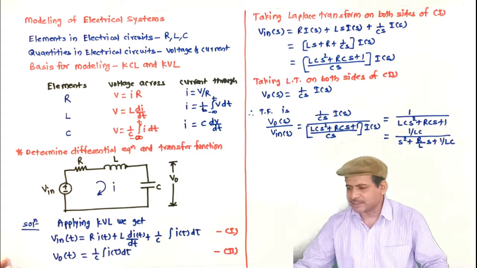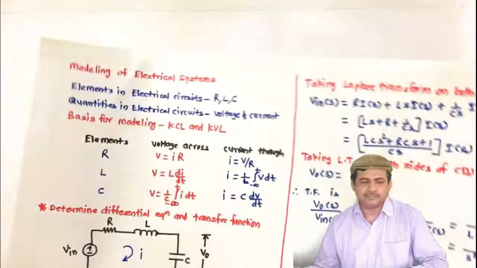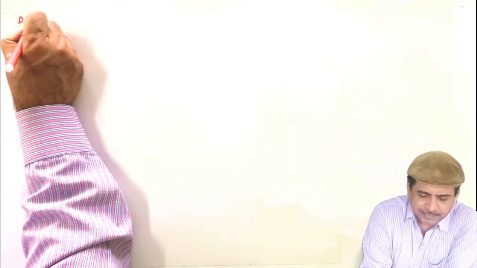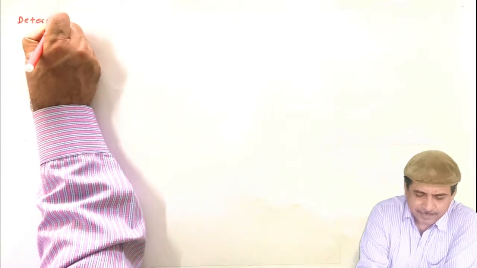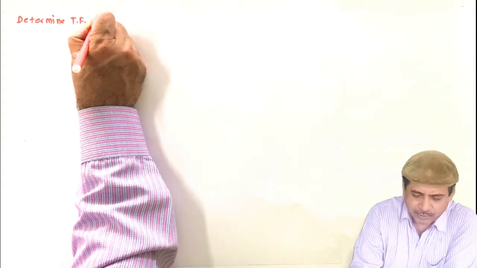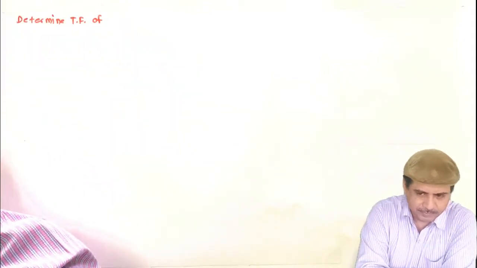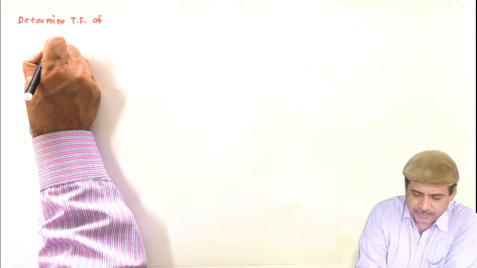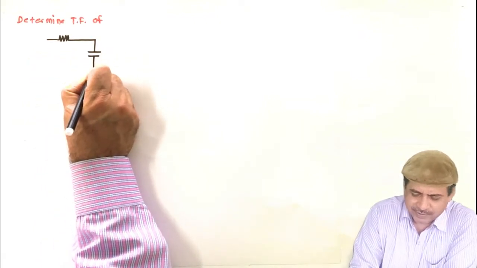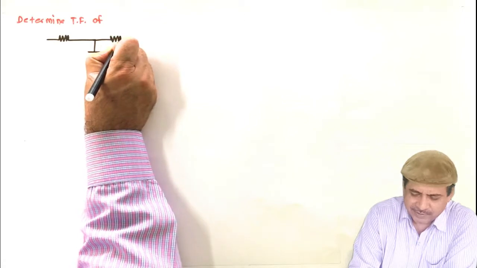Let us solve one more example. In this example, I will write, determine the transfer function of a very common system. This is a very popular system. You will find this system everywhere.